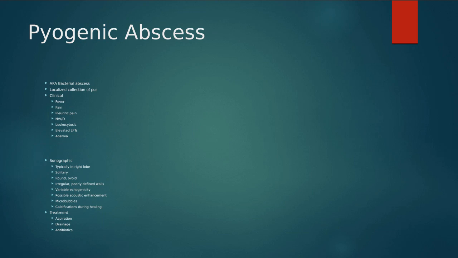We could see microbubbles, which represent gas in the abscess. That's a very common thing for abscesses to do. They produce this byproduct of gas as they're manifesting. It's really gross. And then we could see calcifications as that abscess gets older and starts to heal. As we know, calcifications represent something that's been there for a while.